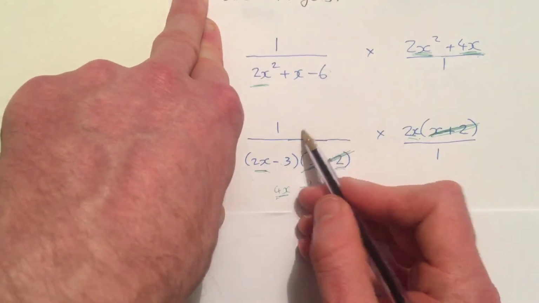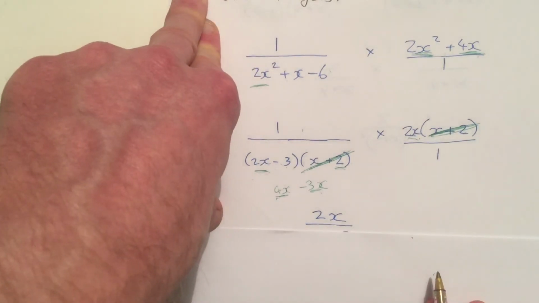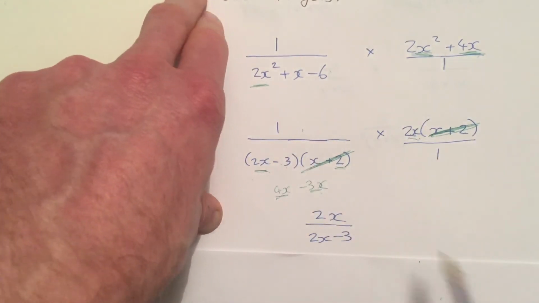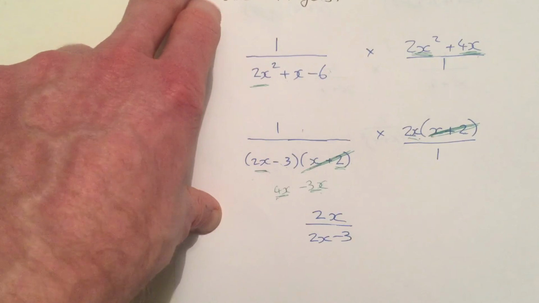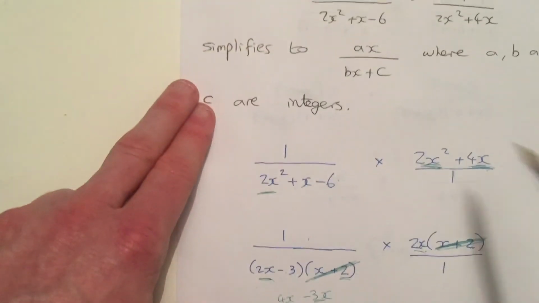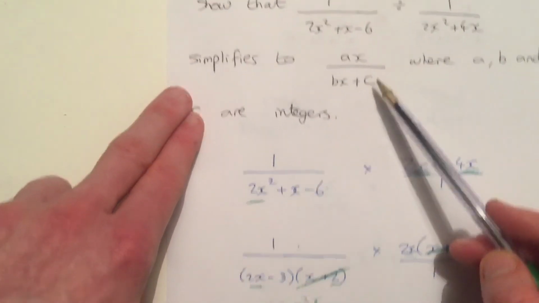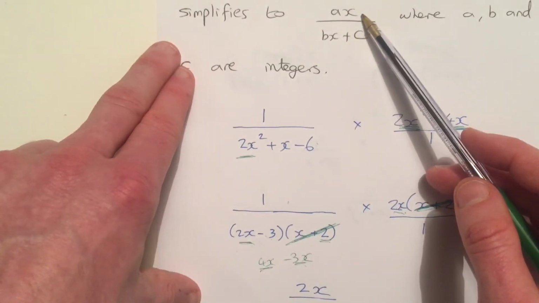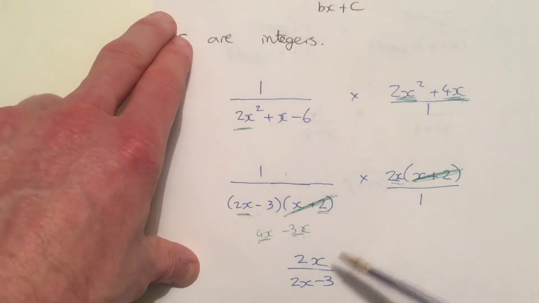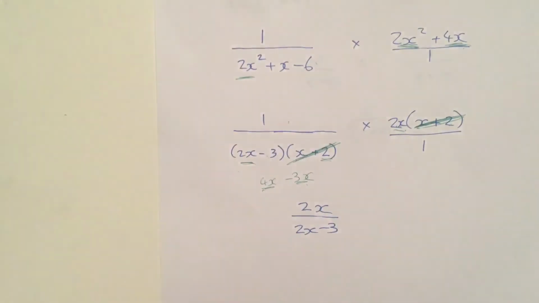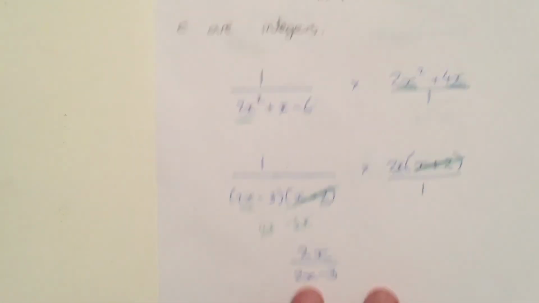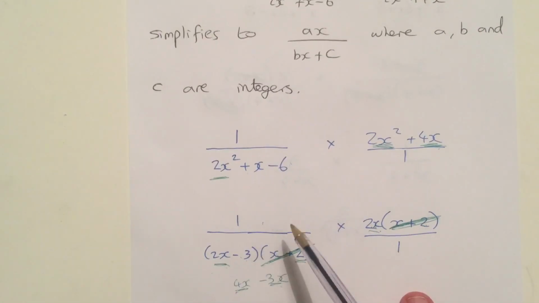And so I'm now just left with 1 times 2x is 2x, and 2x minus 3 times 1 gives 2x minus 3. So I've been able to rewrite this in this form, where a is 2, b is 2, and c is minus 3. So key thing with these questions is just lots and lots of factorising.